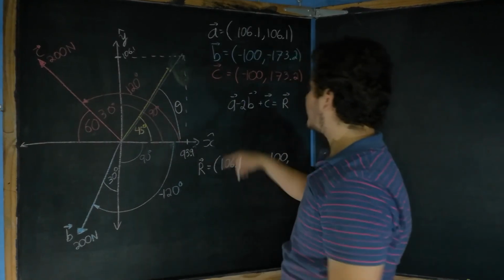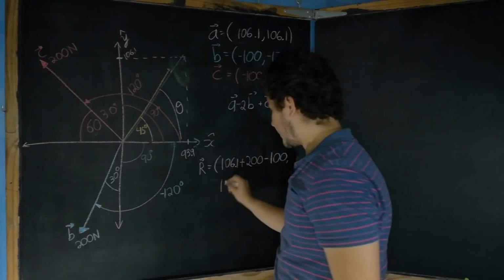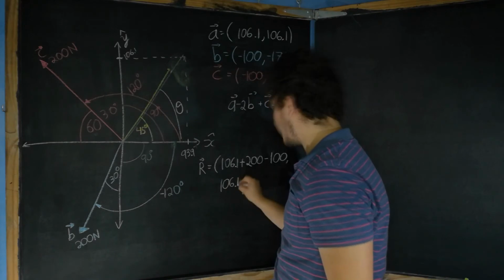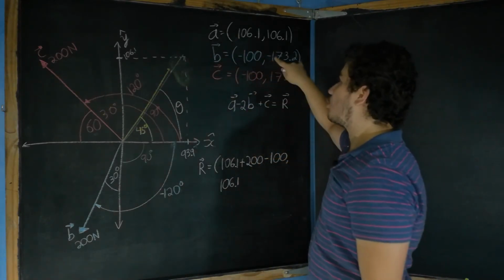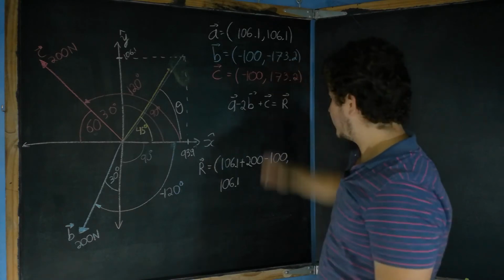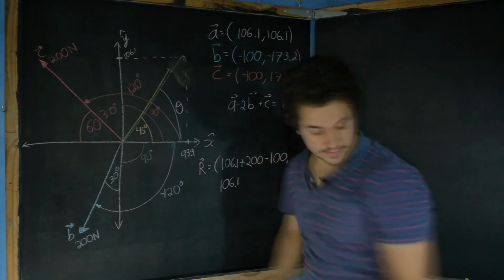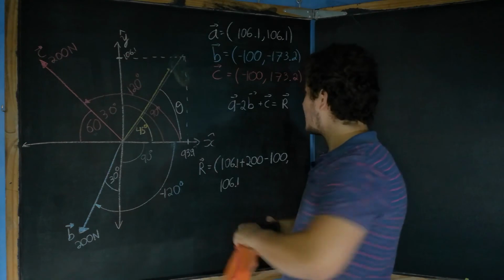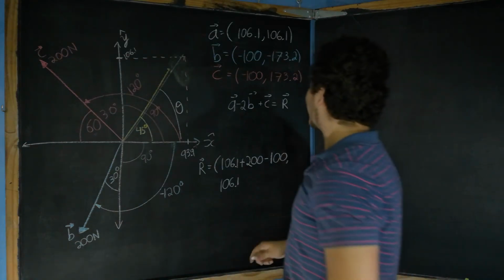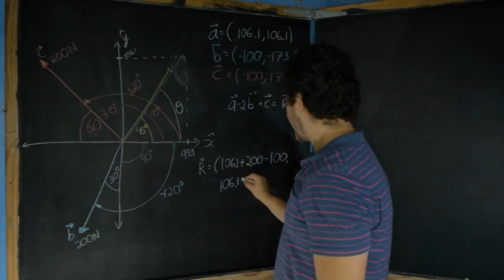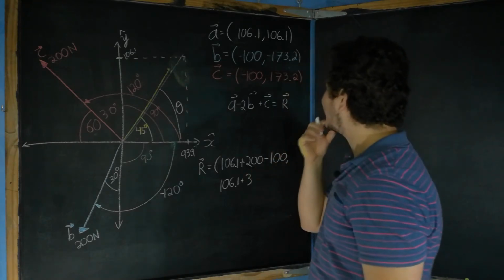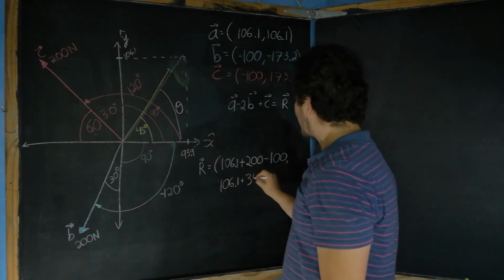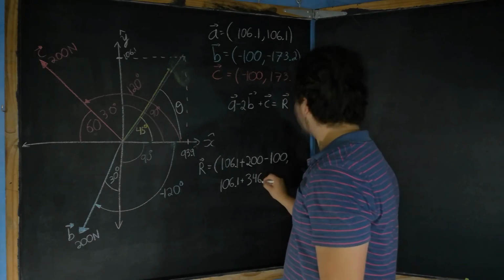And in the y direction the same will happen. We will have 106.1 of the vector a, and we'll have to multiply by -2 the y component of the vector b. Okay, so -2 times that. Well, let's not use the calculator. It is plus 346.4.